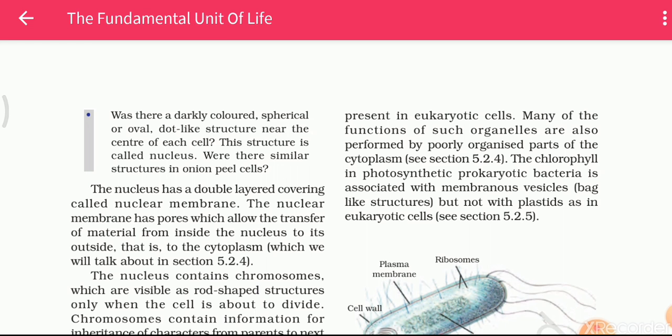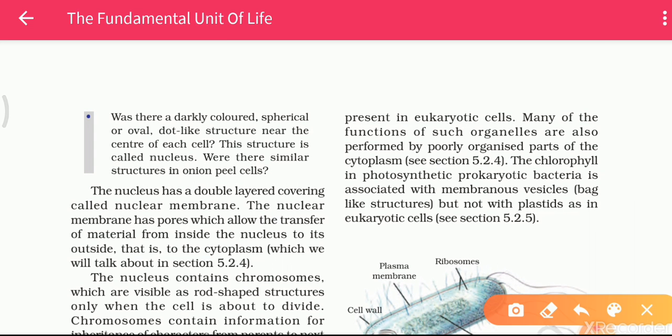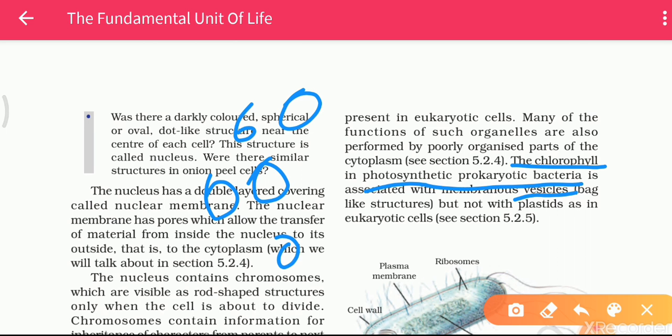Vesicles, students, means bag-like structures. Why is it called a photosynthetic prokaryotic bacterium? Because an example is cyanobacteria, which can make their own food; chlorophyll is present, and they have vesicles, bag-like structures.